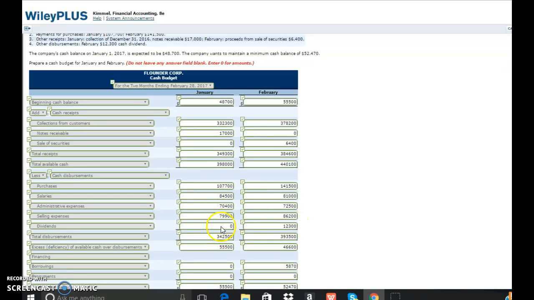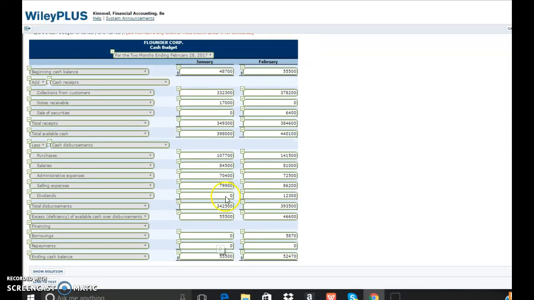Then we're going to add all of these up for each section. So purchases, salaries, administrative expenses, selling expenses, and dividends. We're going to add those up for January and February, and we're going to type those amounts here under total disbursements.